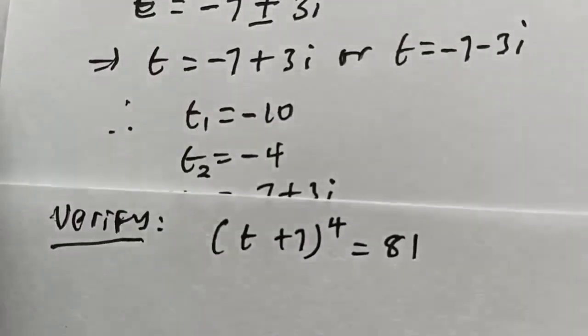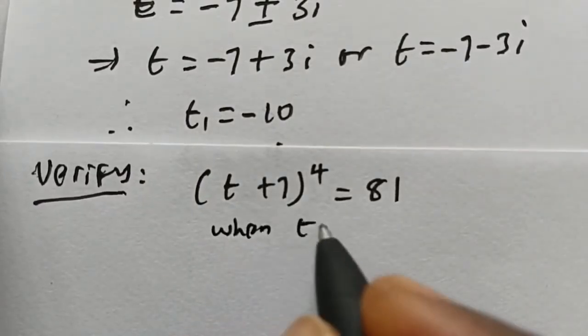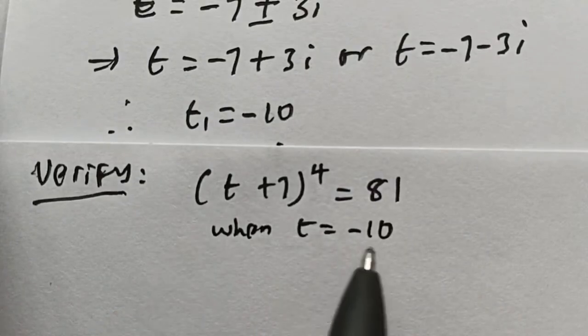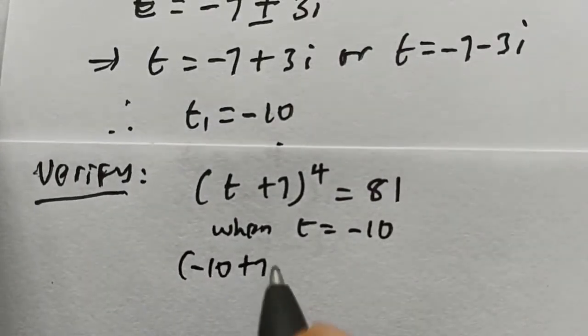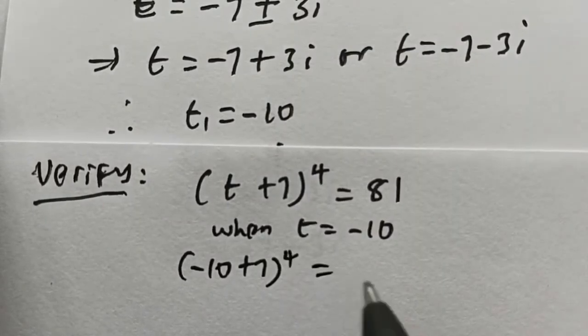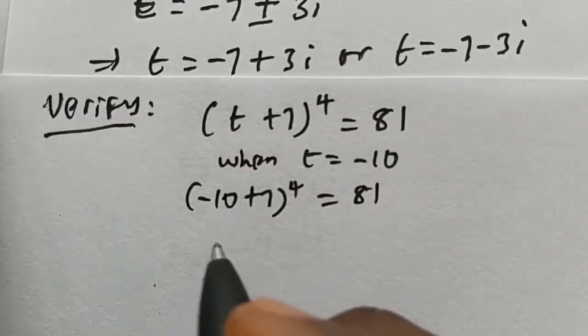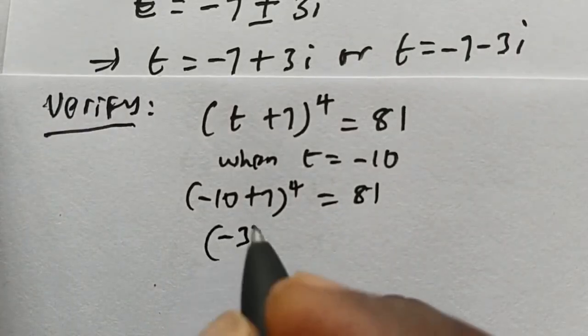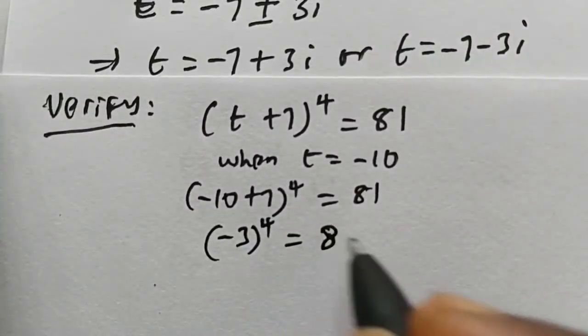When t equal to minus 10, in place of t, we write what? We write minus 10. Minus 10 plus 7 to the power of 4 equal to 81. Minus 10 plus 7, that is minus 3 to the power of 4 equal to 81.